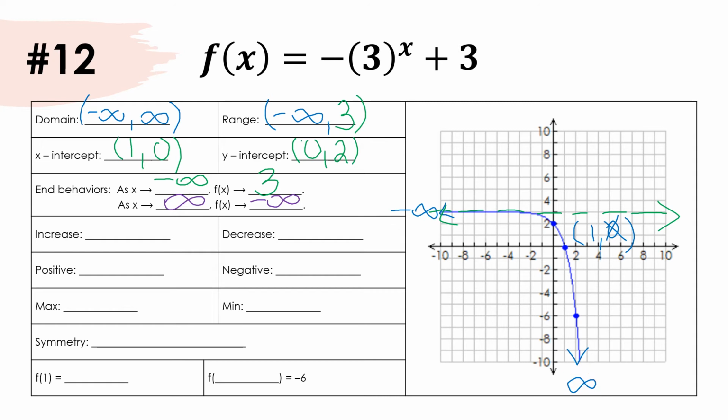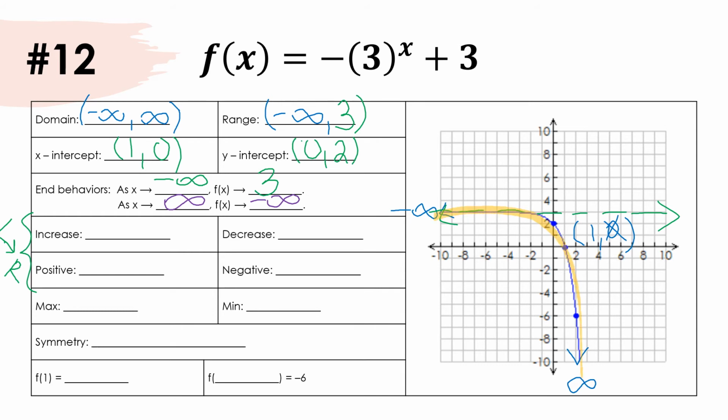All right, increase and decrease. Increase means to go up and decrease means to go down. Exponential functions do one or the other. Make sure for increase and decrease that you are looking at the x values. You're going from left to right. If we start on the left piece, which is negative infinity, and go to infinity, we are going down.